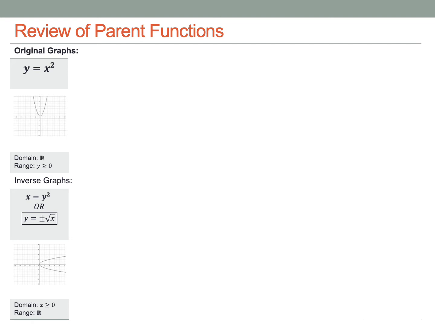Okay, next parent graph that we're going to talk about is the cubic function, y equals x cubed. As you know, it's this squiggly curve. The domain and range for the original is all reals. And then again, if you just switch x and y, the equation for the inverse graph is x equals y cubed.